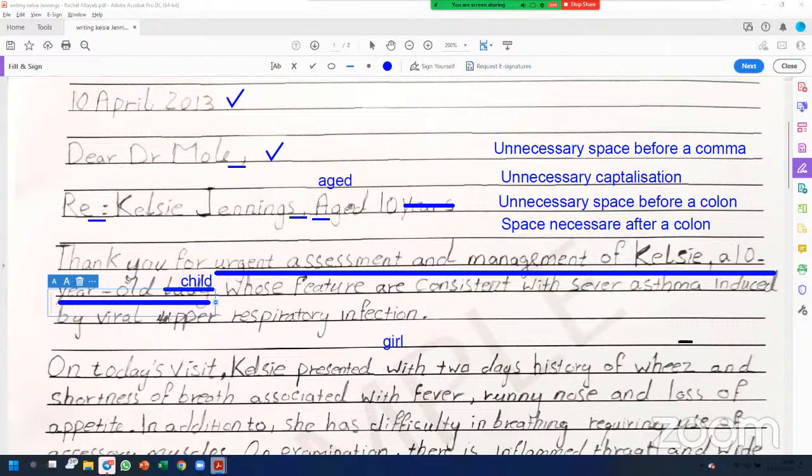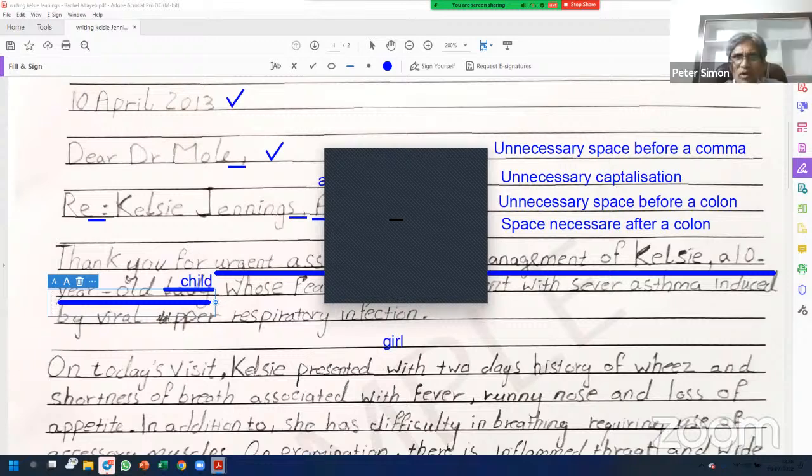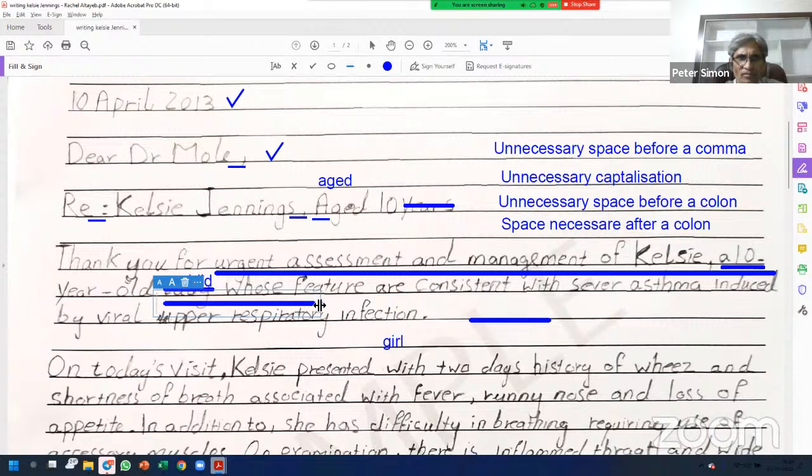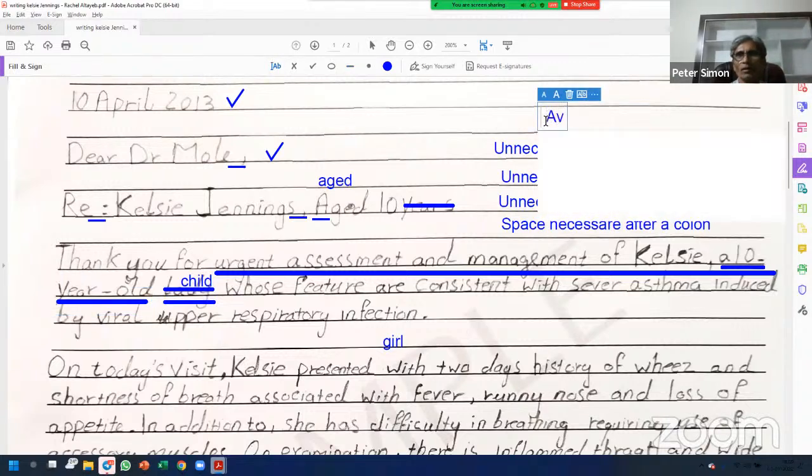Thank you for answering. Now here, the point is, you already told aged 10, so no need of repeating the same thing again here. A 10-year-old, this is not necessary. Lady is a mistake, it's a child. You have already introduced aged 10, so why are you mentioning it again? This is called avoiding repetition.